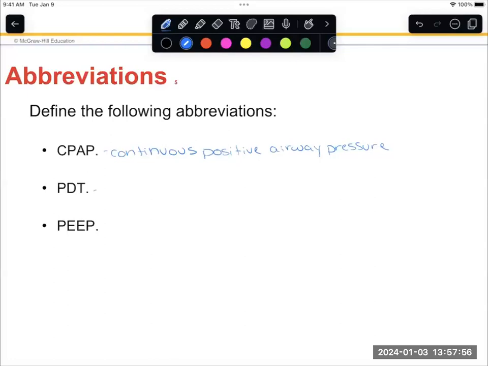PDT, postural drainage therapy. This involves positioning and tilting the patient to use gravity to promote drainage of secretions from the lung.